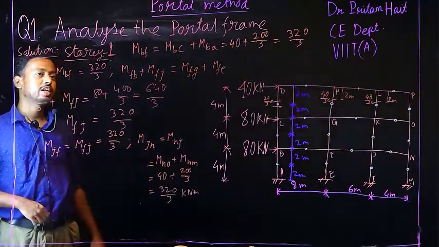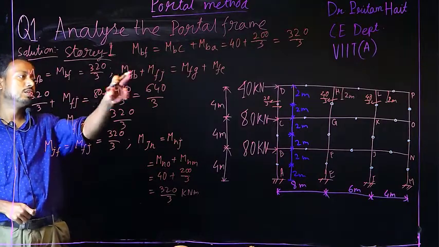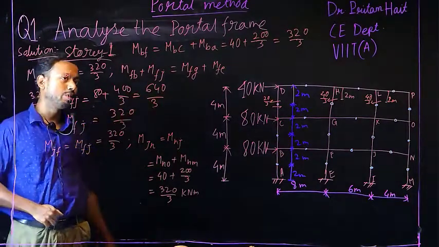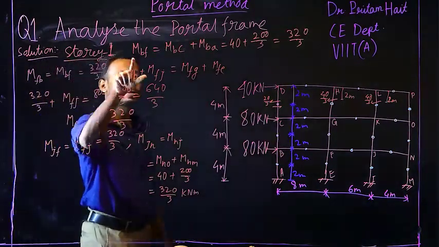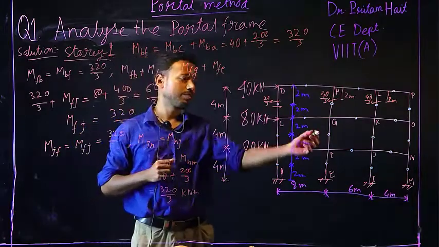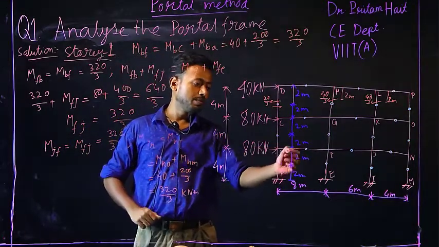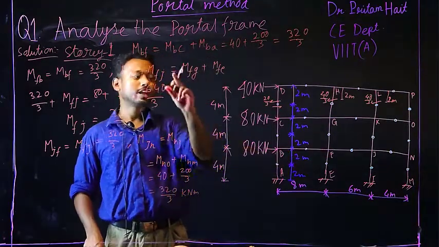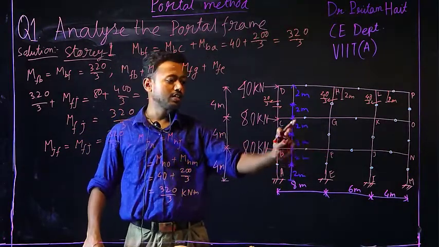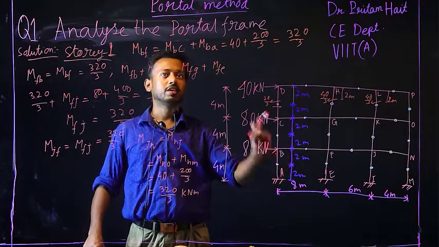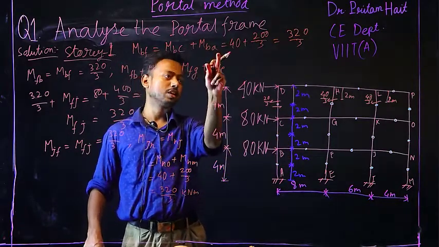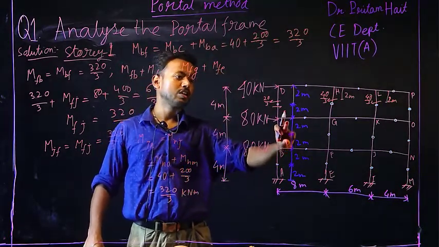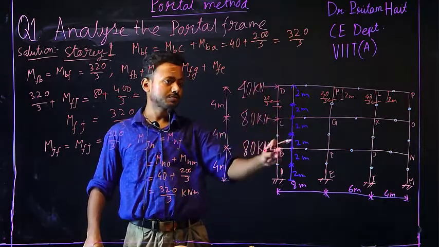So here I will calculate for story 1. We are calculating the beam moment. So I will calculate the MBF. Now come to the story 1. MBF, this beam moment I will calculate. So MBF I can write MBC plus MBA. MBC what I calculated 40.